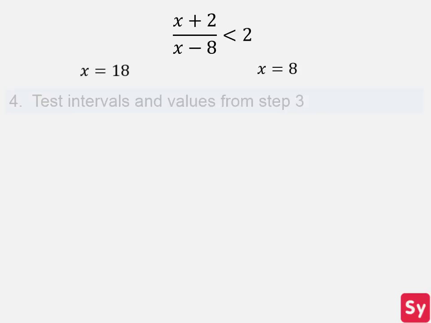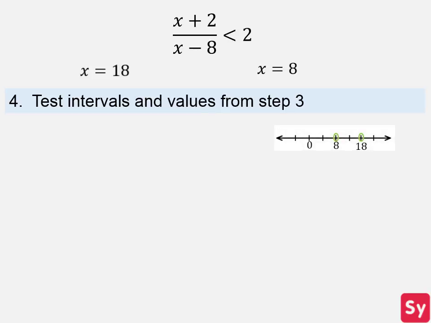Finally, we want to test intervals and values from step 3. We use a number line and mark our values from step 3, 8 and 18. First, we test the intervals. We test x is less than 8. We use 0 as our test point and see that negative 1/4 is less than 2, so this is a solution, and we mark this interval on the number line.